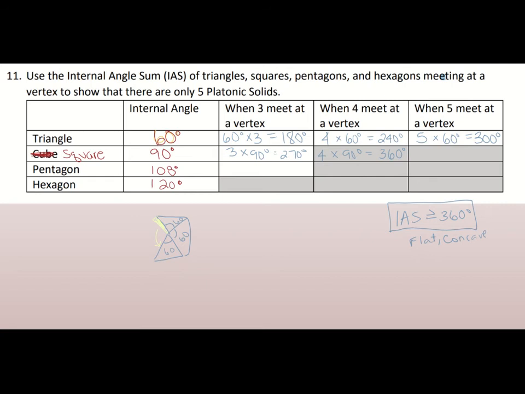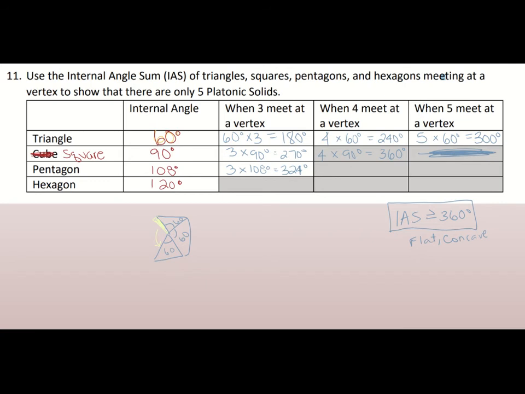All right, so yeah, I could keep calculating out here, but it's still going to be at 360 or above, so it creates a problem for our 3-dimensional figure. If I have 3 pentagons at 108 degrees each, multiply that out, I get 324 degrees. I'm pretty close to 360, but I still have a little wiggle room here.